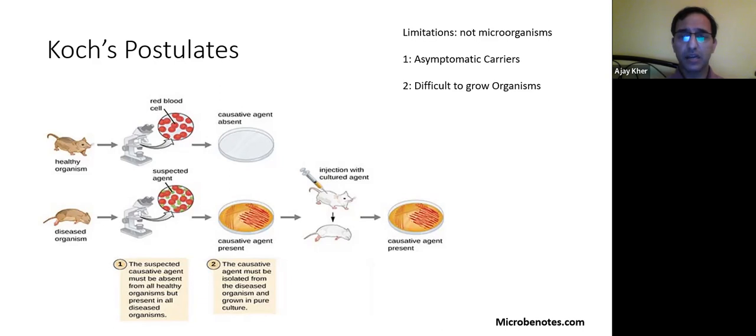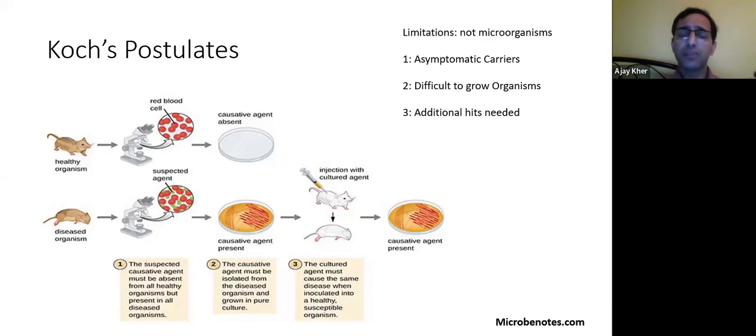And then it may be a problem in terms of difficult to grow organisms, or if it's not an organism as well. Third is that the cultured agent should be injected into healthy organisms, and you should replicate the disease when you inject it into the healthy organism.